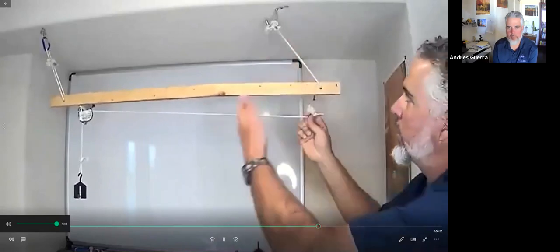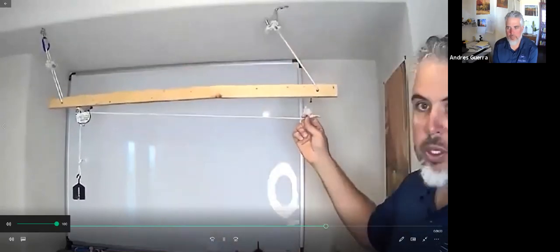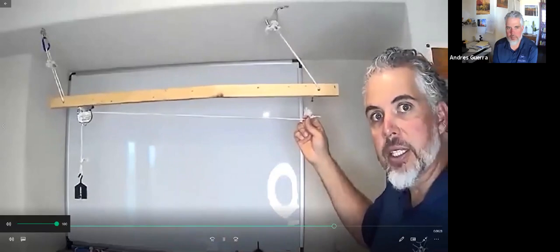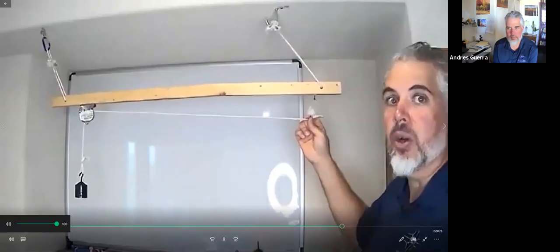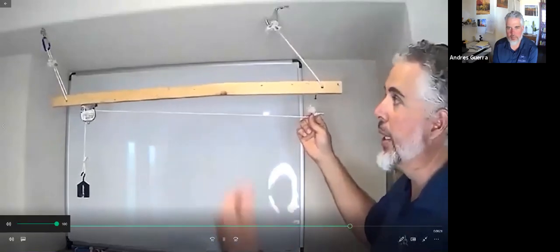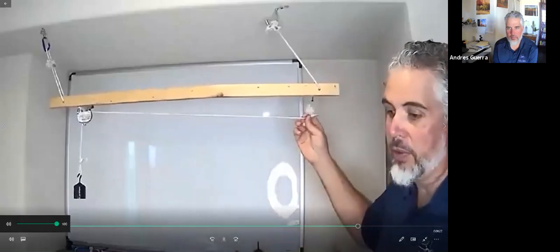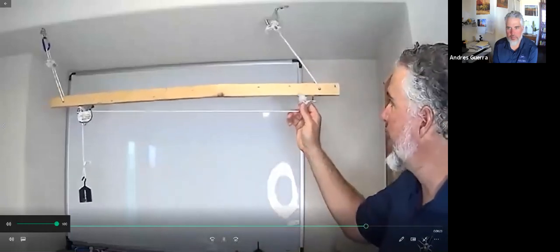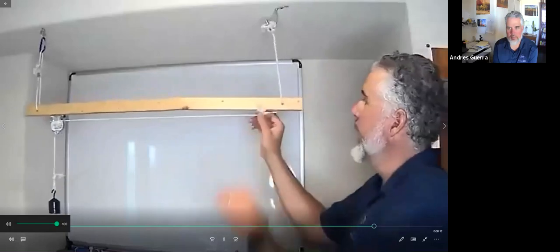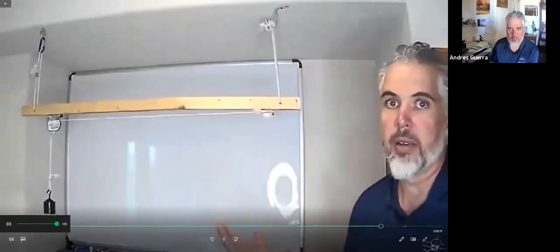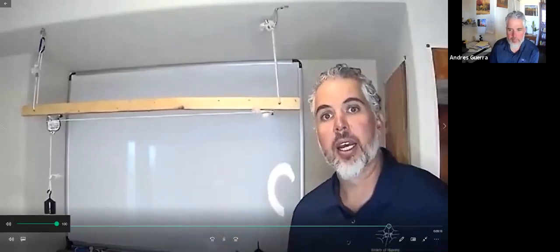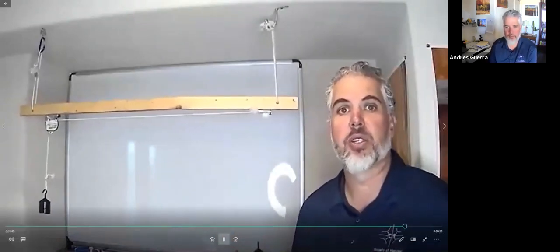Look at the support strings. They are now angled, because the external force acting on that board is a horizontal force going off to the right. I put it back on there, on that screw right there, and now we see those support strings hang vertical again. And so that gives us an idea of how these internal forces work.